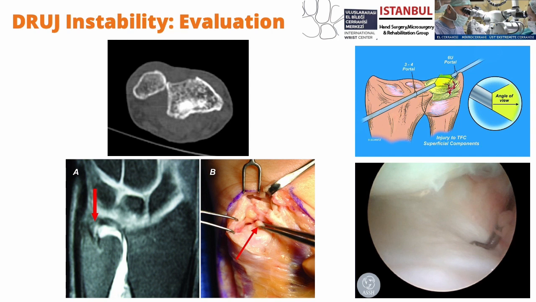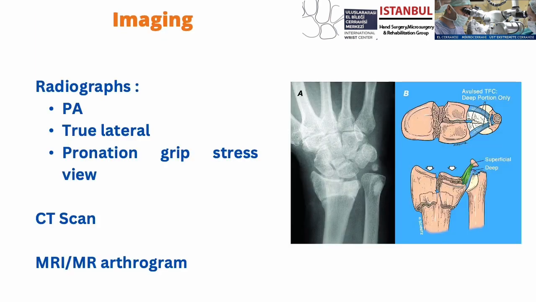Evaluation of DRUJ instability can be done by plain radiograph, CT scan, MRI, and arthroscopic examination. PA view of radiography should be done in 90-degree shoulder abduction, 90-degree elbow flexion, and the X-ray beam directed towards the wrist in neutral position.